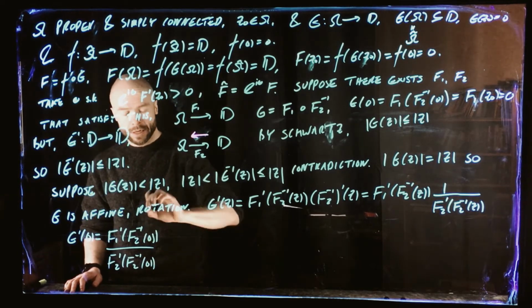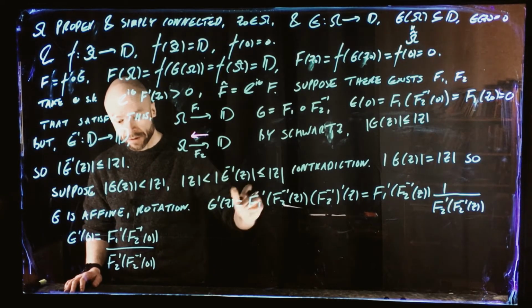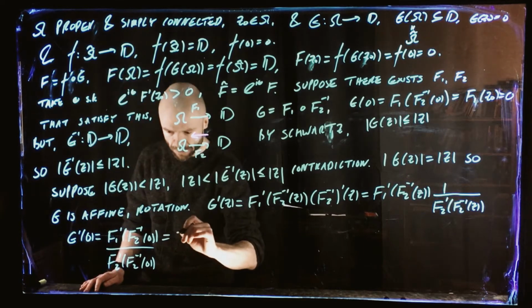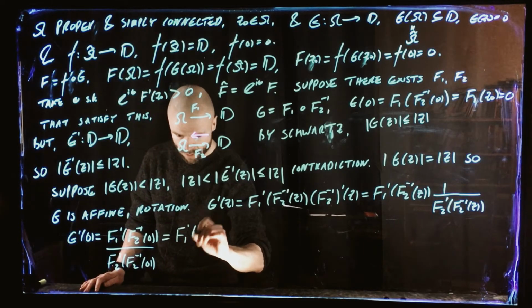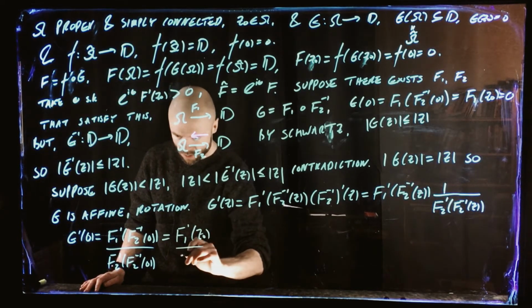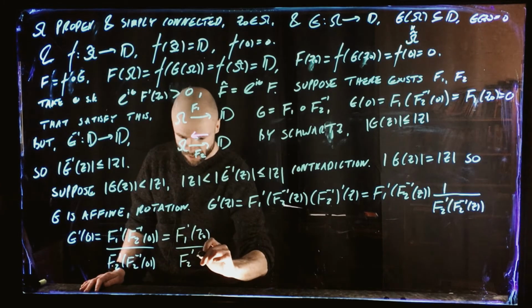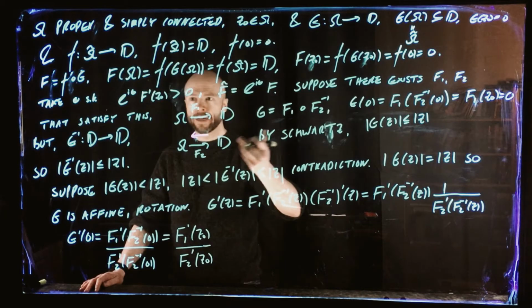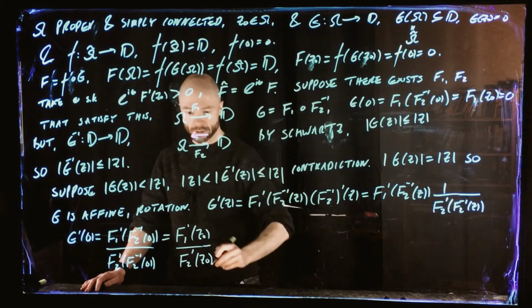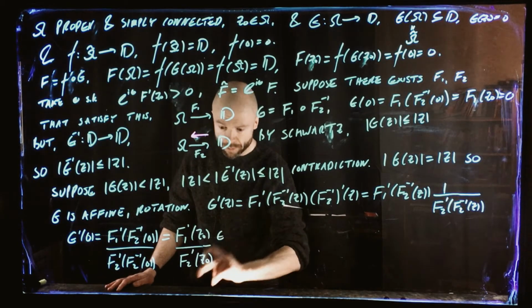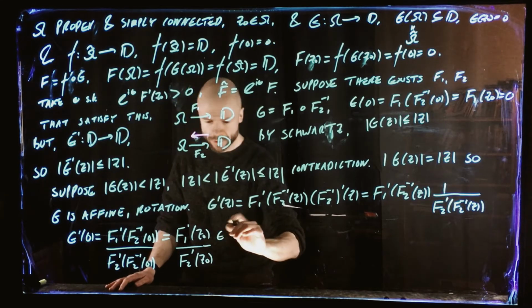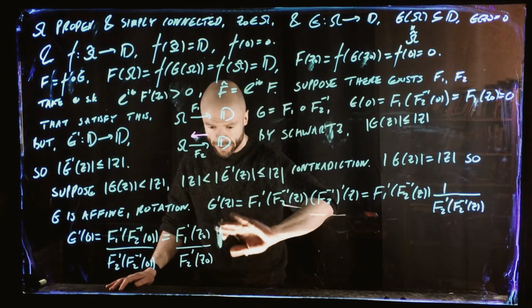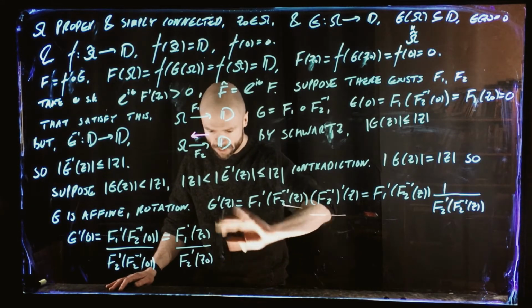And f2 sends our initial point z0 to 0, so this is the point z0. And these are both real numbers because that is how we've chosen them. They're both positive real numbers. So this thing is actually a real number bigger than 0.